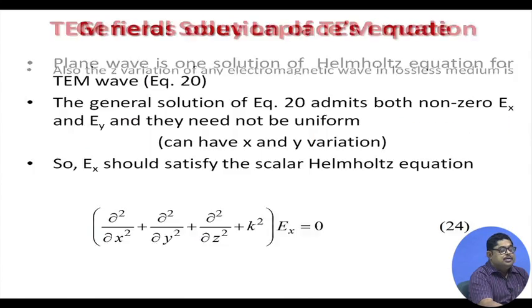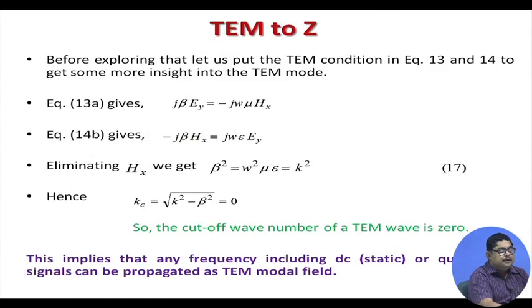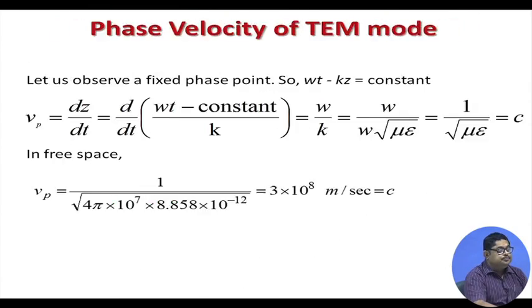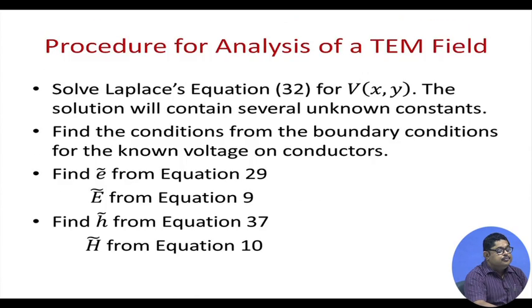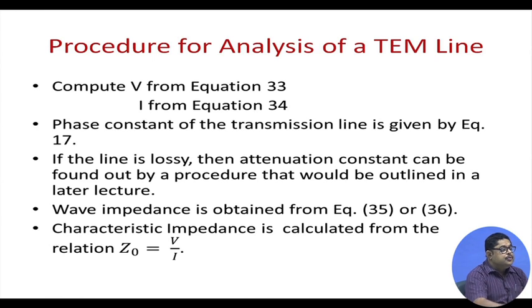Let us see equation 17 hurriedly. So, the phase constant comes once you know k, which depends on the frequency and the material constants. So, from that you can find beta, that is the phase constant. That is all. Now, we are assuming lossless.